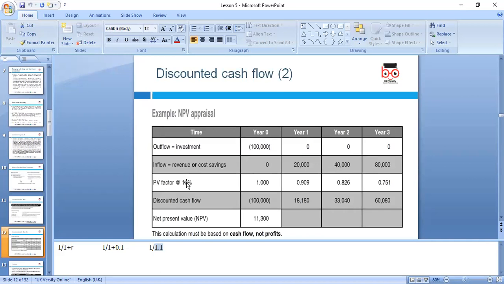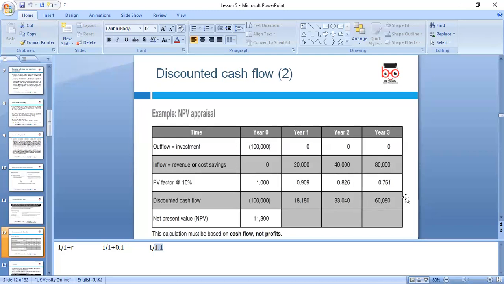If you're borrowing money, you look at the cost and the return you expect, and you discount it to find the real value of the money. So if you're getting 20,000, the value with 10% discounting would be 18,180 pounds instead of 20,000. If you're getting 40,000 after 2 years, it will be valued at 33,030 pounds, so you have to look around.